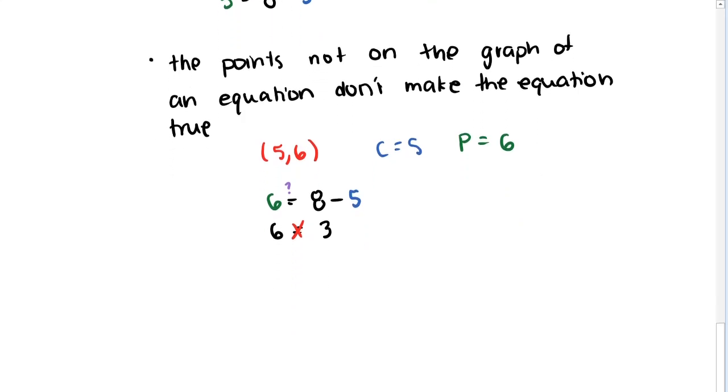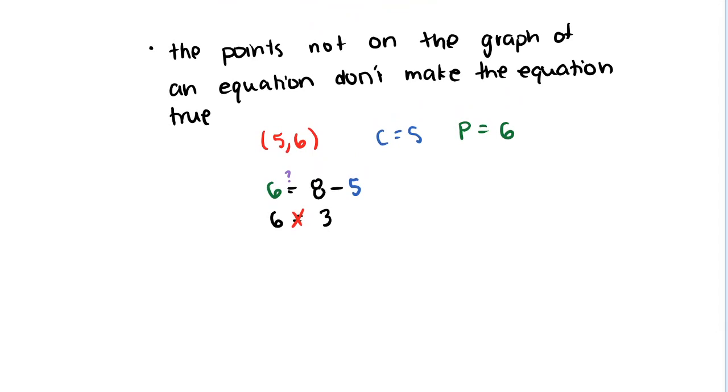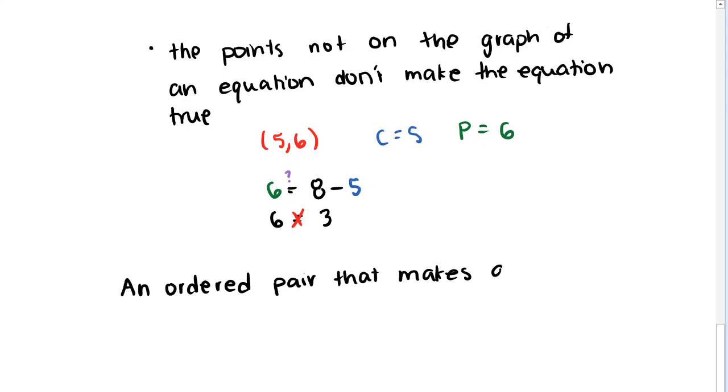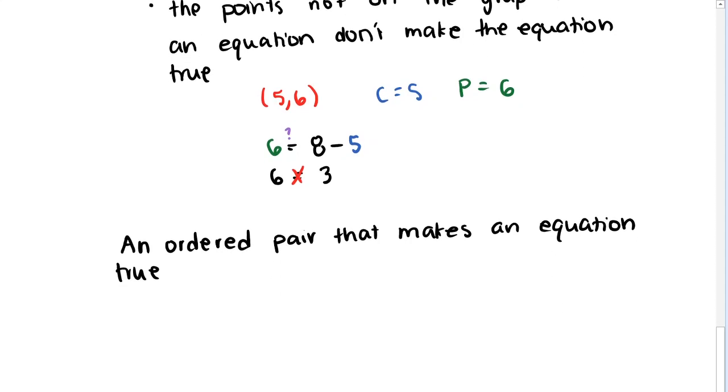Here, so maybe let me add a little bit more language into this. So here, usually we say, an ordered pair that makes an equation true, when we plug that ordered pair into the equation, if it makes the left side the same as the right side, it's making the equation true.